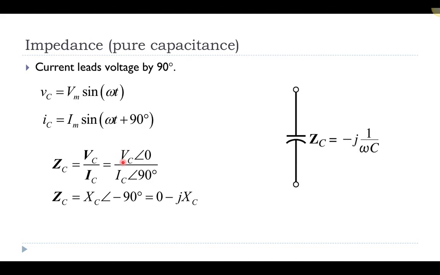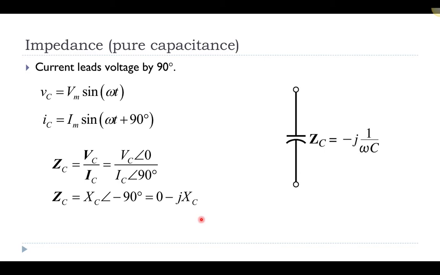If I take the voltage and divide by the current of the capacitor, just their amplitudes, that gives me the reactance of the capacitor. So the impedance is just the reactance. What is the resistance of that component to the flow of electricity? And it has a phase angle of 0 minus 90, so negative 90. So it does not have a real part, and its imaginary part is negative.